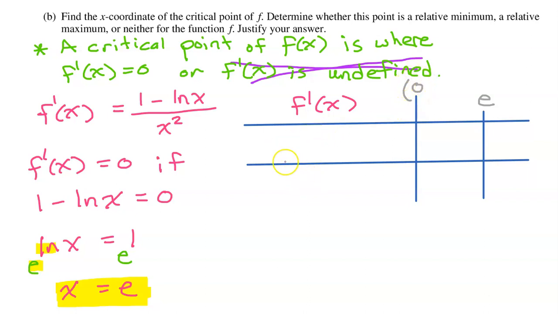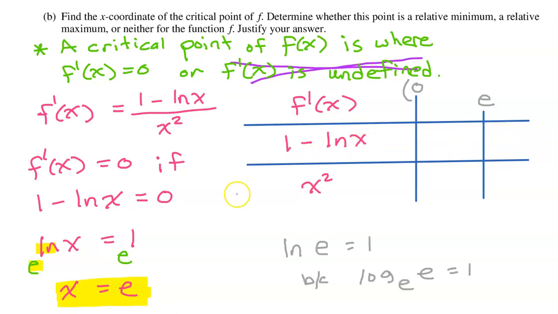I'm going to need a row for each factor in this quotient, so I'm going to need one row for the numerator, 1 minus natural log x, and another row for the denominator of x squared. So let's think about whether 1 minus natural log x is positive or negative in each interval.